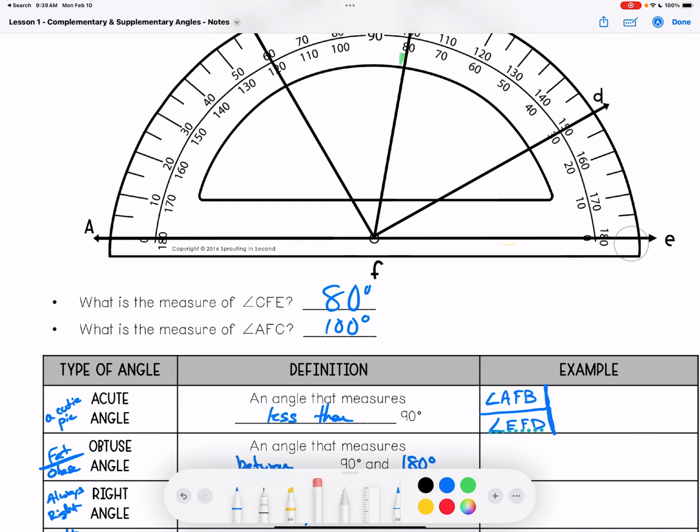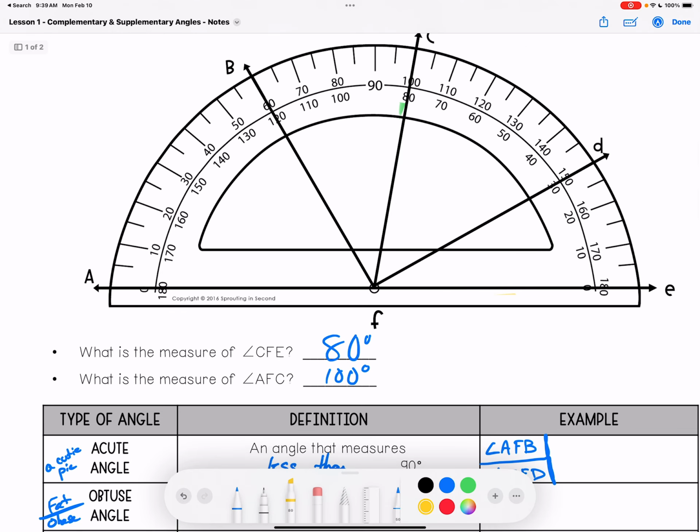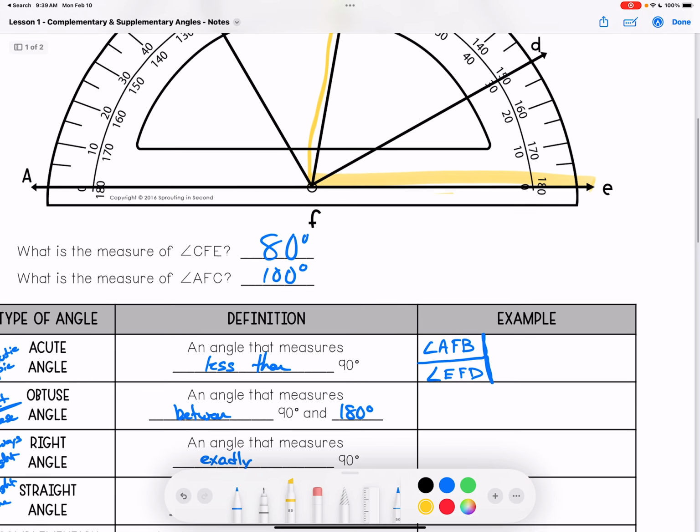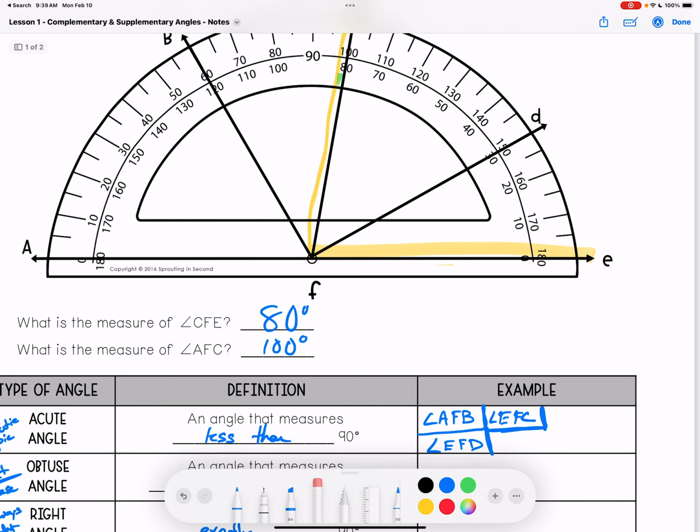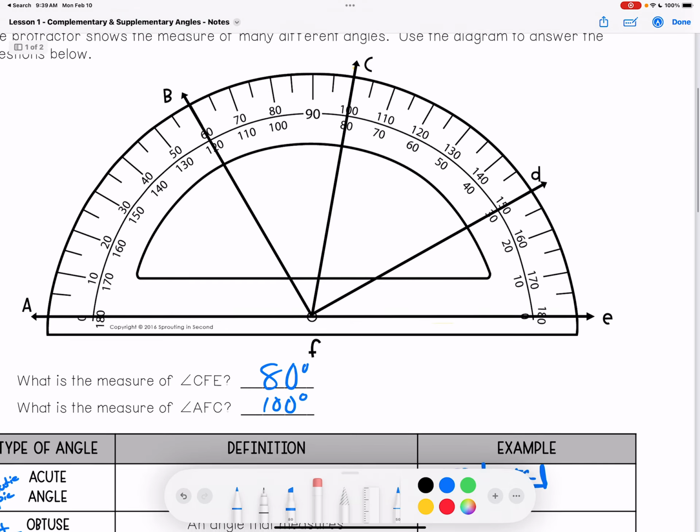All right, because that one is only 30. What's another one that's less than 90? EFC. All right, what's another one?